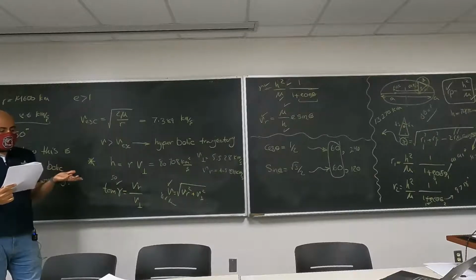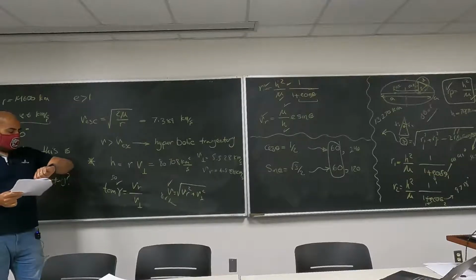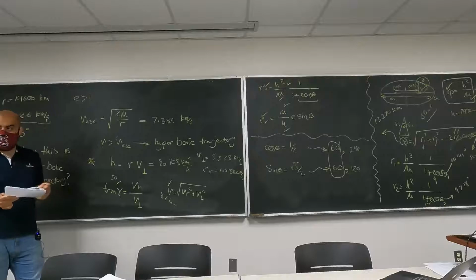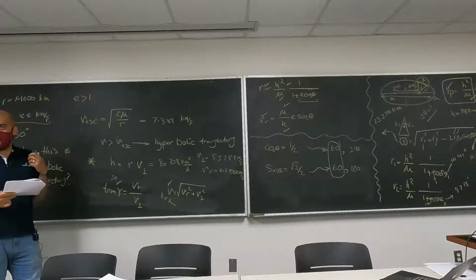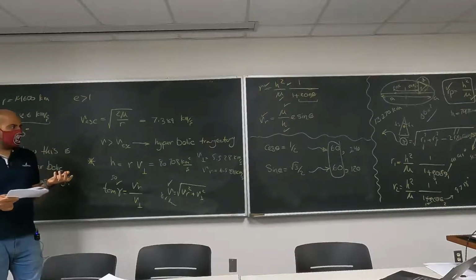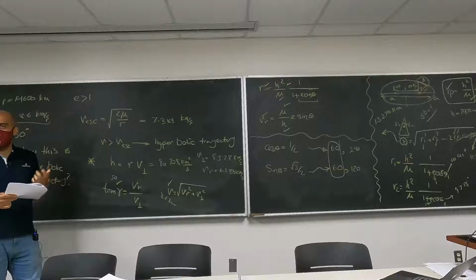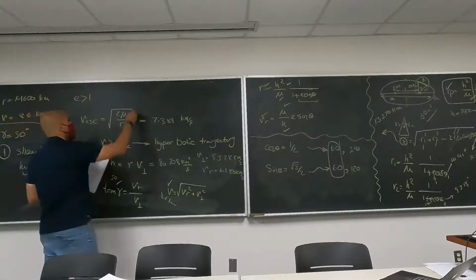So next part is asking us to find the radius of perigee. How can we find the radius of perigee? Do we have the h here? Yes, we do. What is the equation for radius of perigee? H squared divided by mu, times 1 over 1 plus e cosine of 0. Let me write it up here.